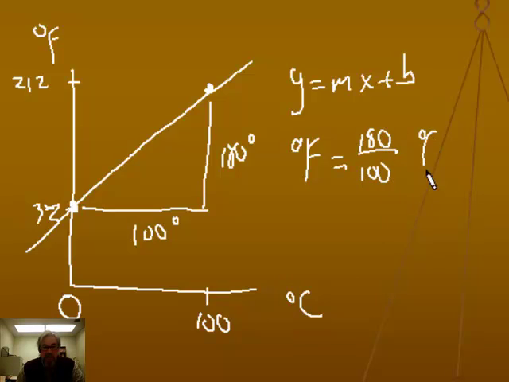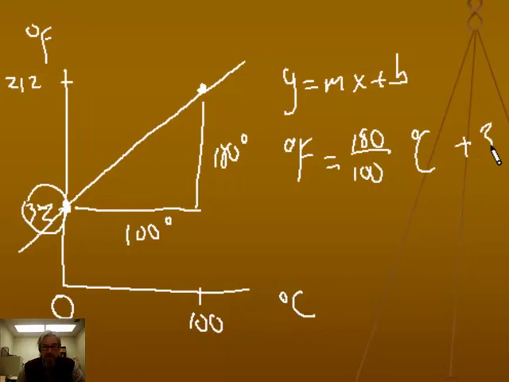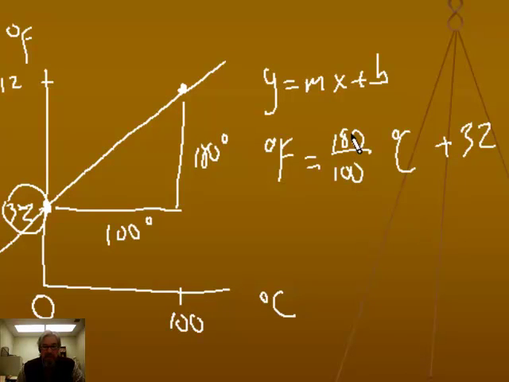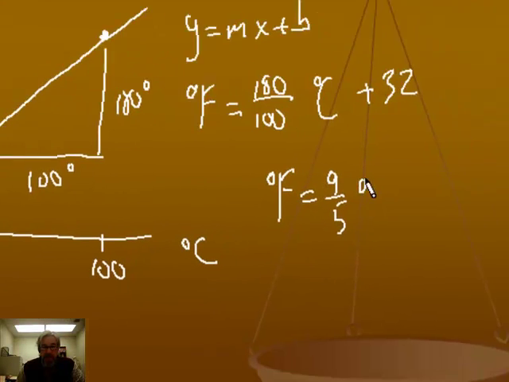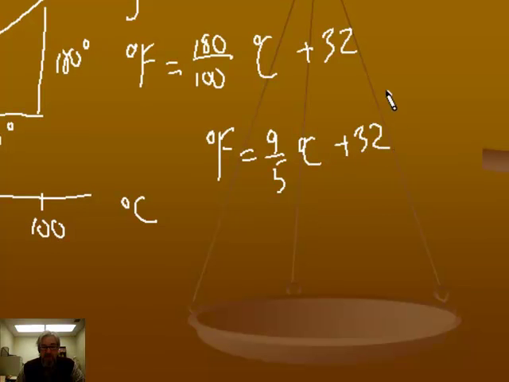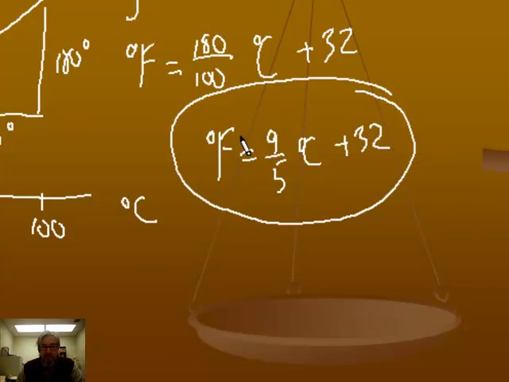The x-axis is my Celsius temperature, and clearly my y-intercept is 32. Well, if I reduce 180 over 100 down, it's 18 over 10, which is 9 over 5. So the temperature in Fahrenheit is 9/5 times the Celsius temperature plus 32. That conversion that you've probably used before in science classes, all it is the equation of a straight line.